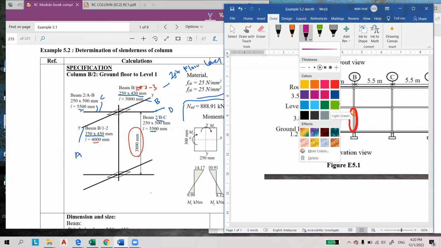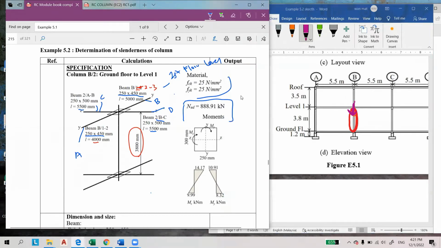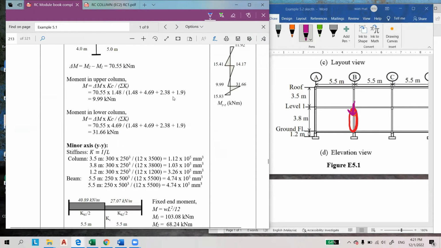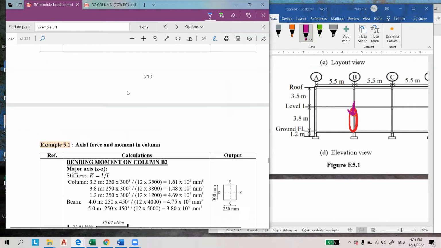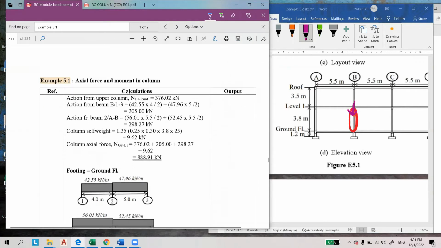So the value 888.91 you can refer from the calculation of Example 5.1. We will take a look at it next week.